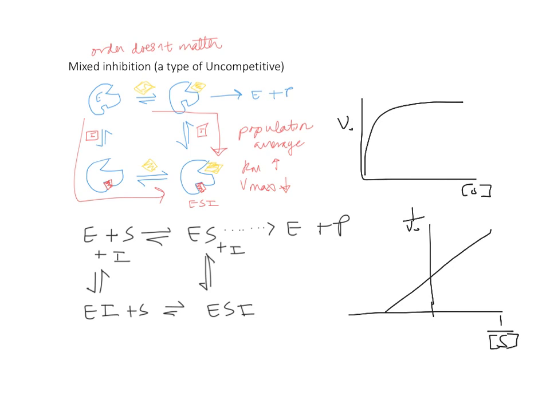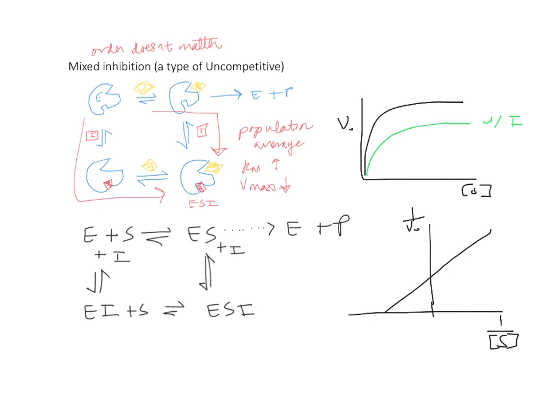So what this ends up looking like is, Km is going to go down and Vmax is going to go down. So this is with inhibitor. And on the Lineweaver-Burk, this is easy to see because they will cross somewhere in the negative X, positive Y quadrant.